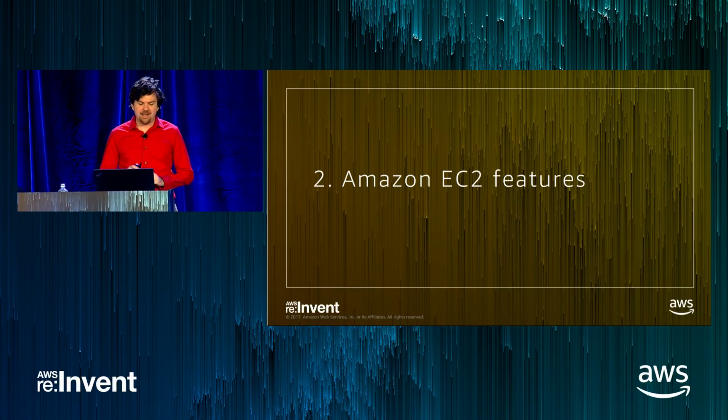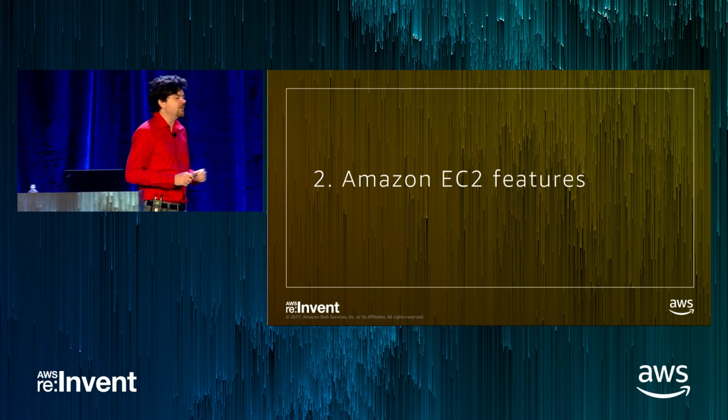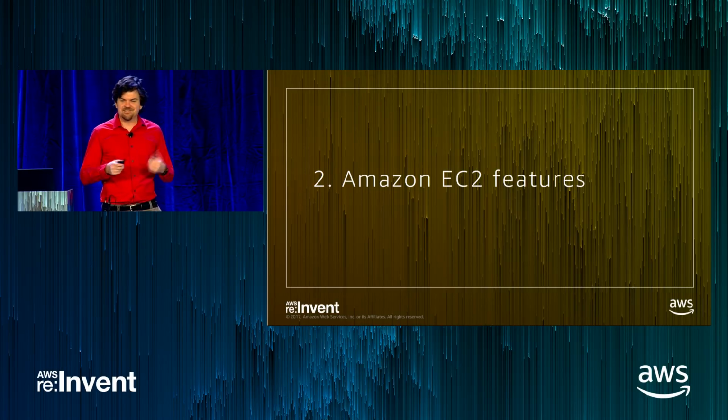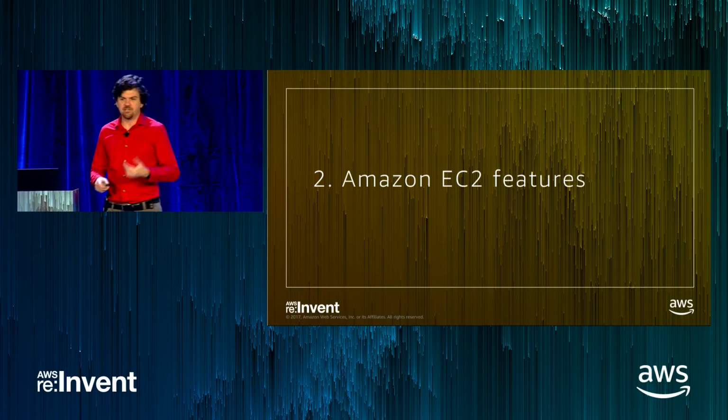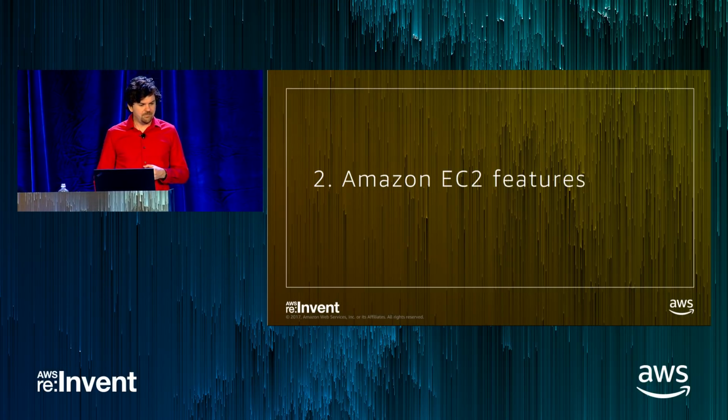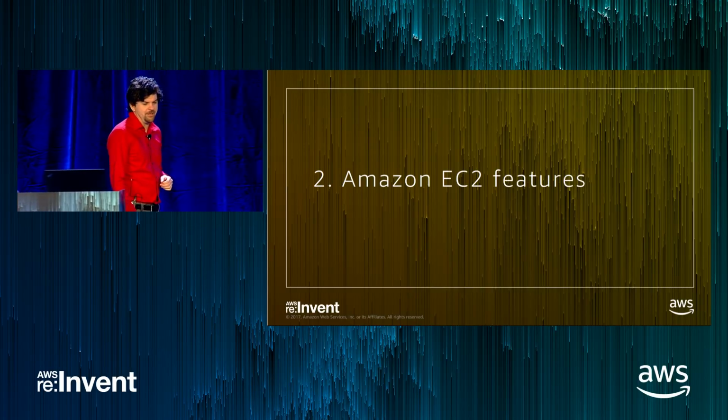To try and make sense of this, I've drawn a diagram, because part of our team's job is to always understand Amazon EC2 features and especially hypervisor features for performance. This is something that I've spent time on and had help from other people.